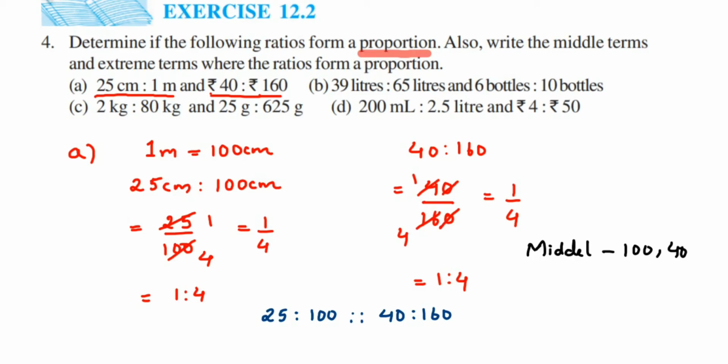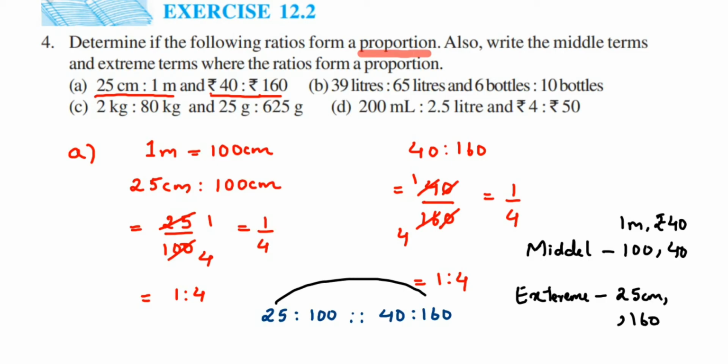And the extreme terms will be the last one, that is 25 and 160, or you can write down 25 centimeter and 160 rupees, or if you remove the units also, that's fine. So this is the answer for the first question.